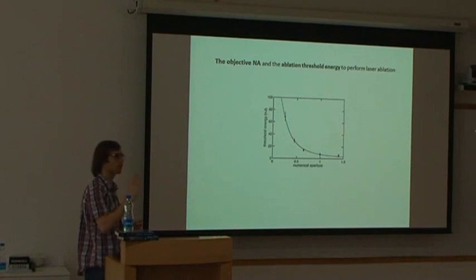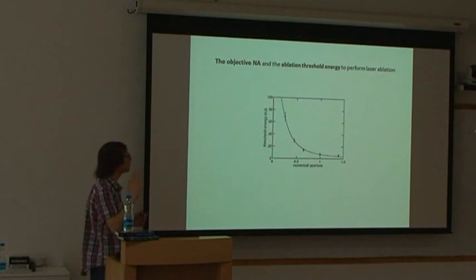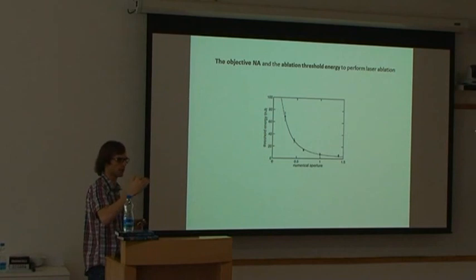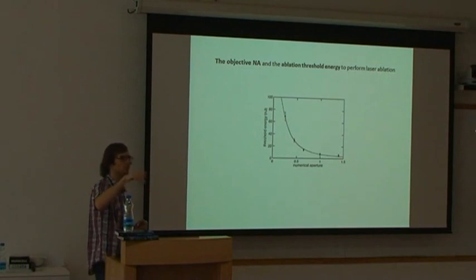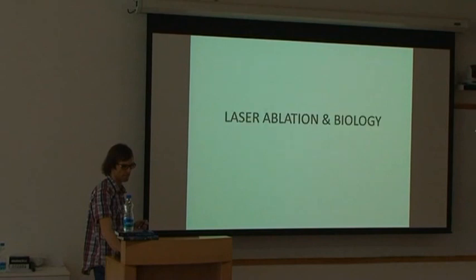Given a certain number of photons sent by the laser, the power density will go up, thus the threshold energy to reach the plasma will go down. So it's very important to have an objective which has a very high numerical aperture. In fact, during the workshop, for the people that did the workshop, you will see we always used objectives that had numerical aperture up to 1.3 or 1.4. These are the ones which are best suited for this laser dissection.